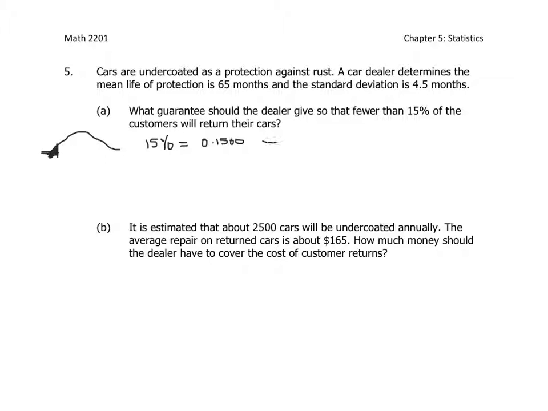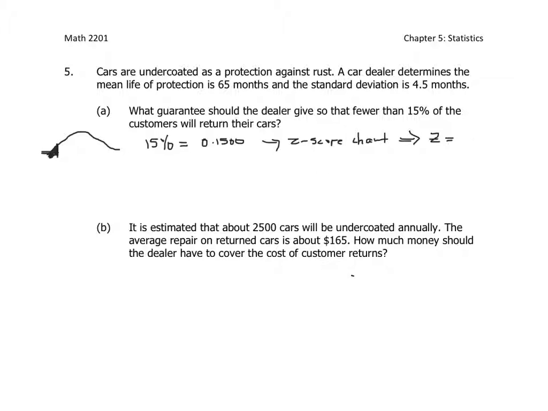And on the z-score chart, looking up the z-score that goes with 0.1500, that is down in the negatives, and it seems to be negative 1.04, I believe, because I've got 0.1492.